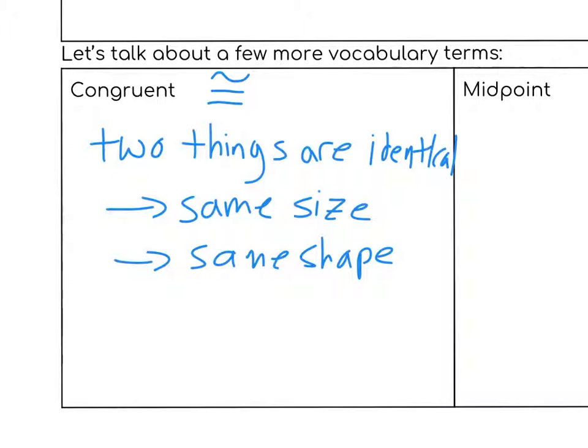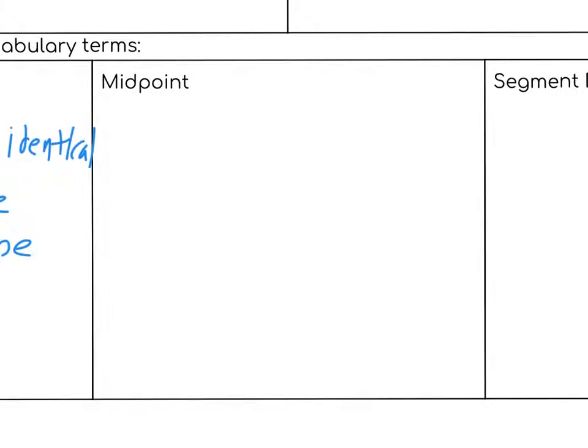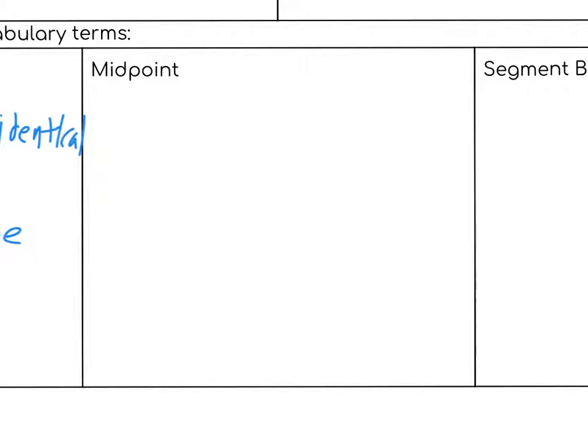And one of the nice things there is that we can then use that language, and we're going to use this all throughout the year, to talk a little bit more about midpoint. We mentioned this briefly. So the midpoint is the point on a segment that we said breaks it into 2 equal pieces. And what would have been really helpful is if we had said 2 congruent pieces.